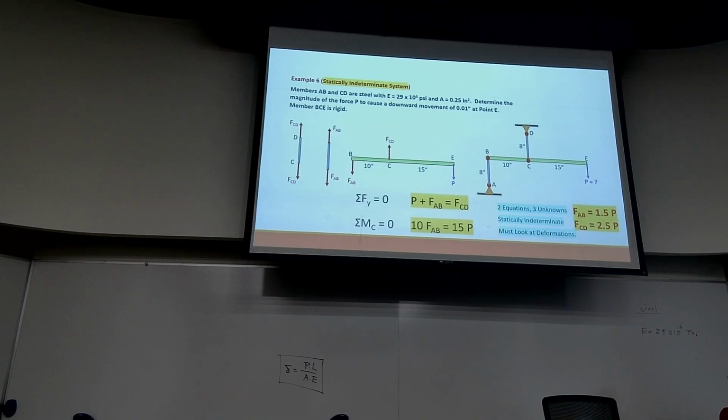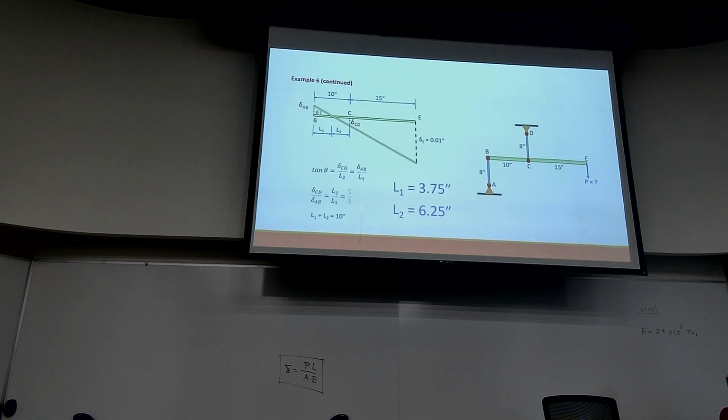So if we jump forward, remembering that we always exaggerate the deformations a lot, the green member, which was initially horizontal, is going to stay straight, but it will rotate and look like that. So point E moves down by 0.01 inches.